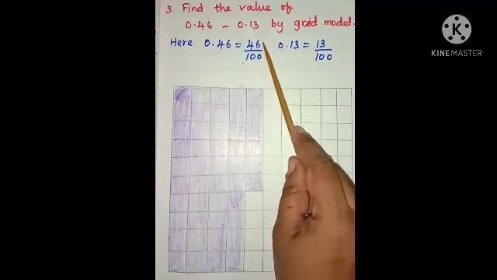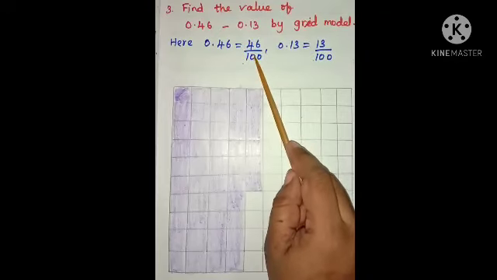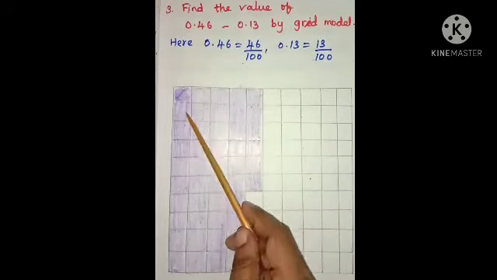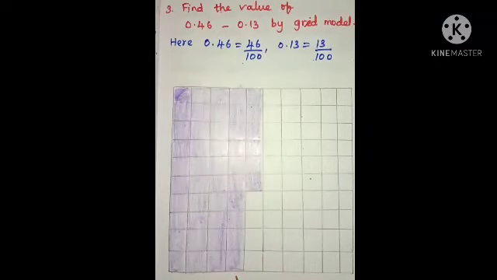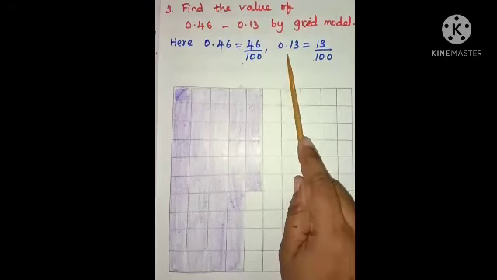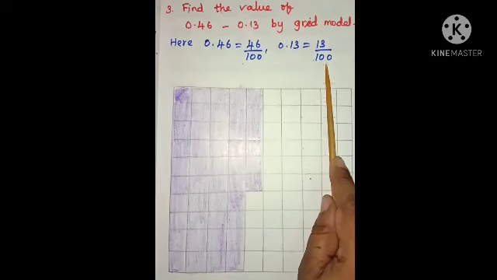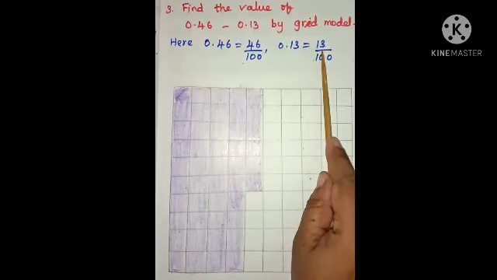Now first let us shade the fraction 46 out of 100. Here we shaded 46 squares out of 100 squares, and from this we are going to subtract 13 out of 100, which means that 13 squares we have to cross.